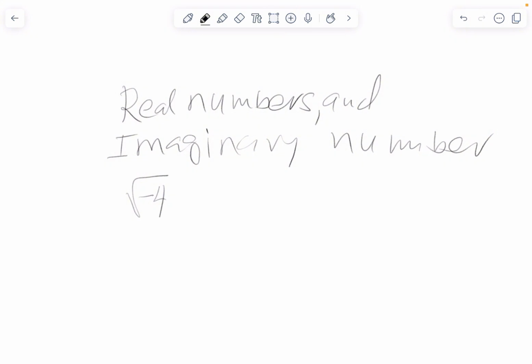Let's say, for example, the square root of negative 4. We can rewrite this as the square root of 4 times negative 1. The square root of 4 is 2, but it's difficult to get the negative 1 out of the square root.